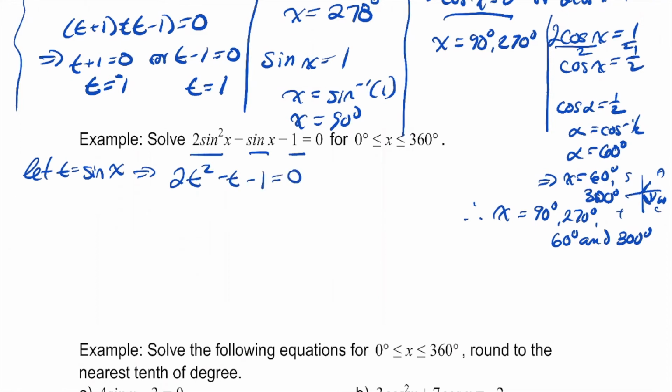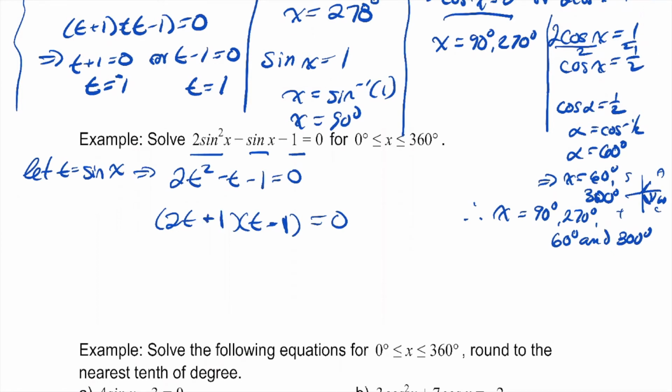We could do quickly PSI on that, but the numbers are relatively small. So this is going to factor to t and t. Here I know I want a negative term in the middle, so I need a negative 1, because negative 1 multiplied by 2 gives me negative 2, and that gives me a positive 1.